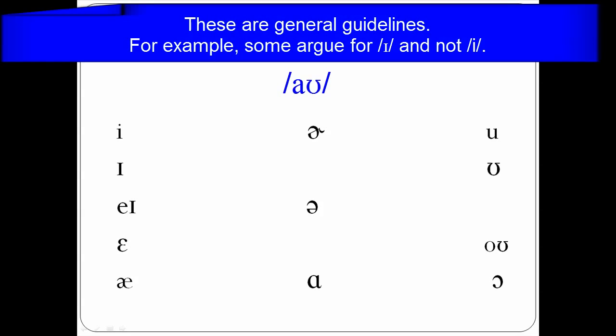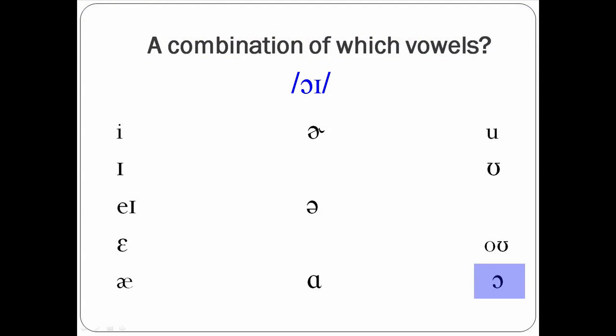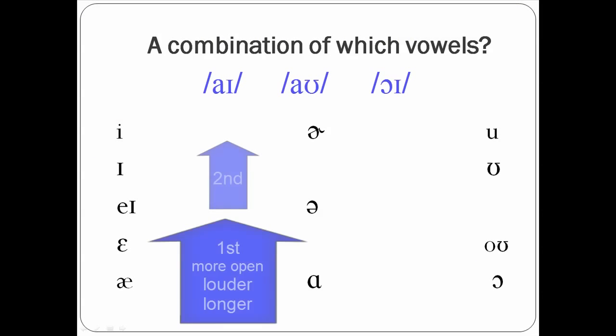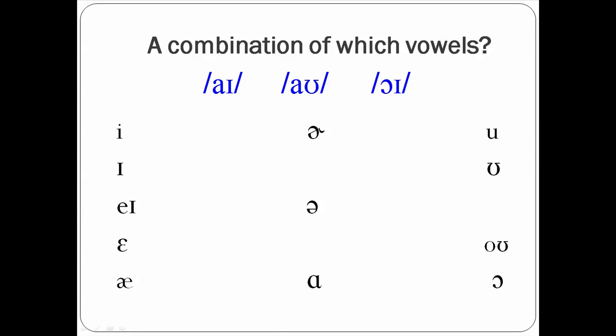And for ow, we're moving from here to here, again, speaking generally. And for oi, we're moving from here to here, again, from a more open position to a more closed position. The first vowel sound being longer and louder, and then gliding into our second sound. Now let me take the time to explain how we produce each of the diphthongs.